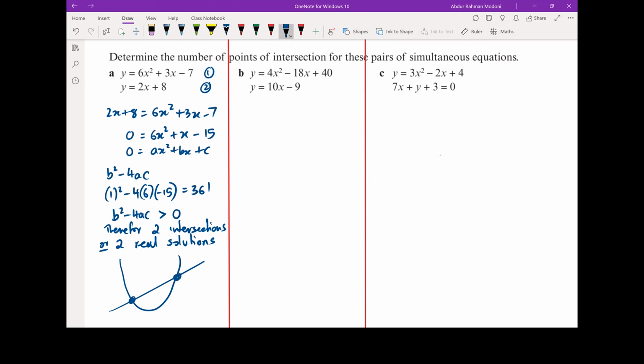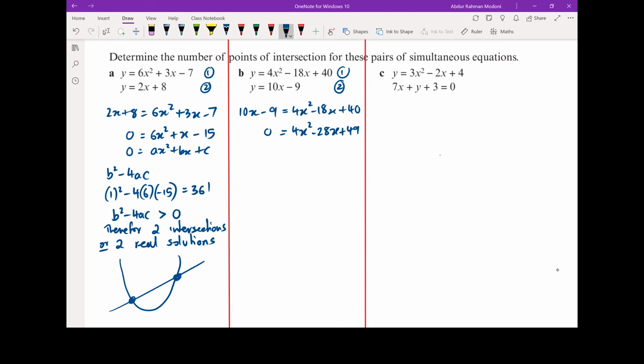Let's take a look at the second example, how you'd approach that. Same way, we would start by solving, substitute equation 2 into equation 1. You're going to get 10x minus 9 equals 4x squared minus 18x plus 40. This then becomes 4x squared minus 28x plus 49 equals 0.